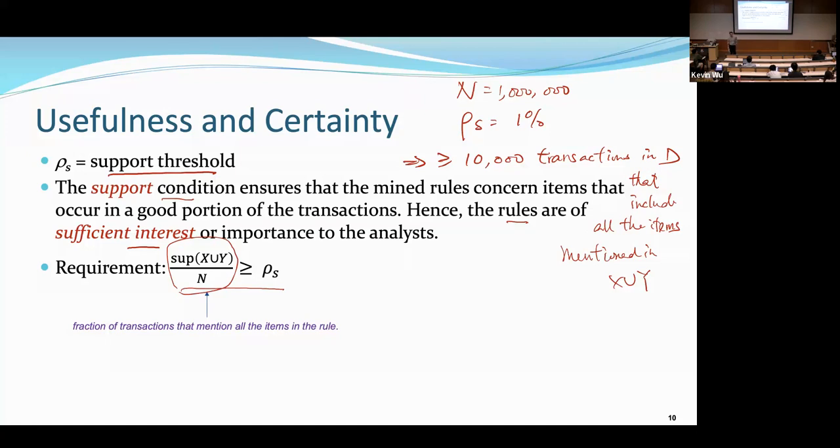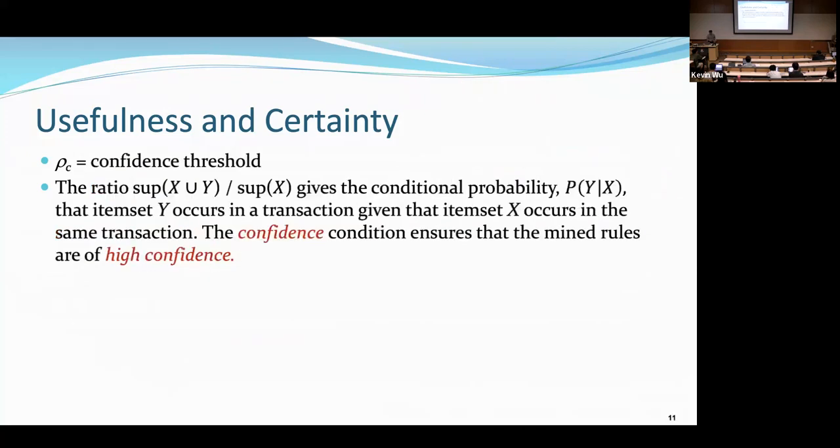So those items are of lesser importance to the business of the supermarket, and therefore we might not want to bother the manager with all those less important rules, and that's the reason why we have the support requirement. Okay, that's one condition, and the other condition was the confidence condition.